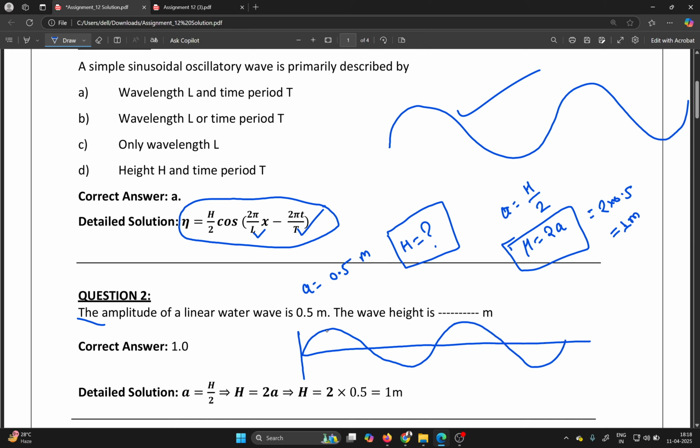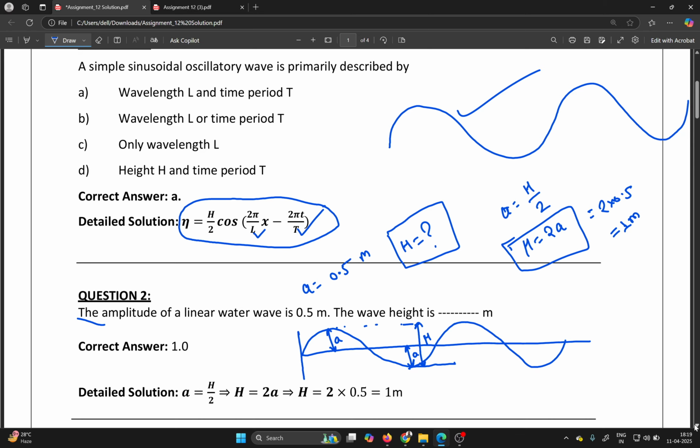So this will be your amplitude A, and this is also amplitude A. But here you need to calculate the total height, from here to here, that is the distance between the maximum and minimum wave height. So this is the relation between the height of the wave and the amplitude.